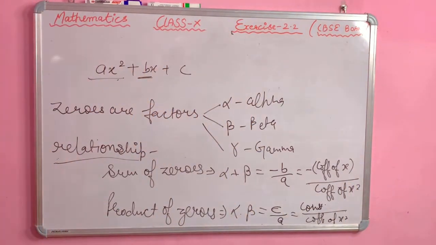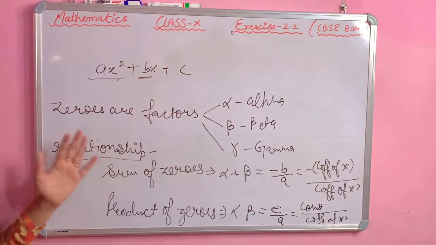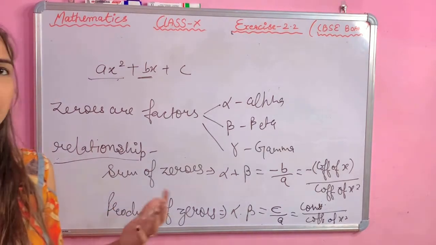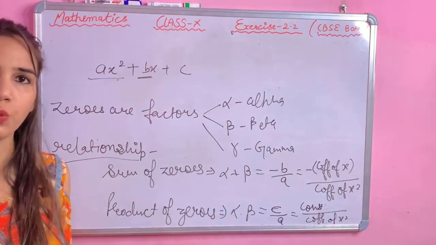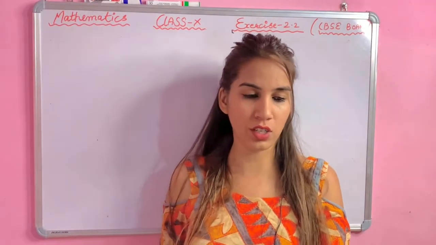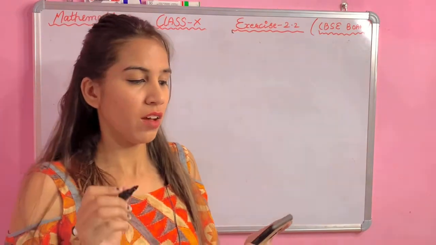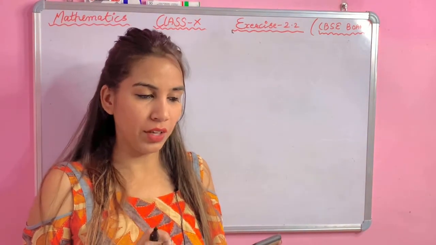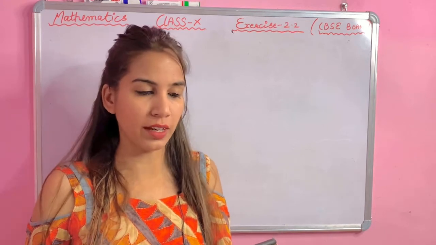So you can write it down, and I'll explain the same by giving an example, or we can start the first question of the exercise. So let's start exercise 2.2 with the first question. Here the first question is to find the zeros of the quadratic polynomial and verify the relationship between zeros and the coefficients.